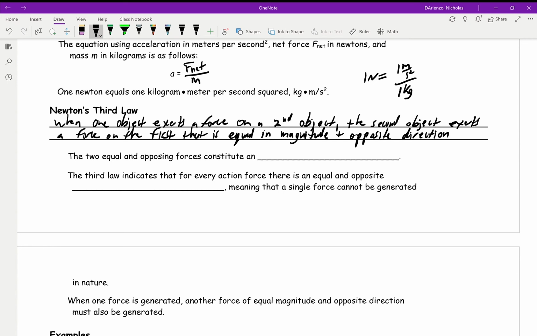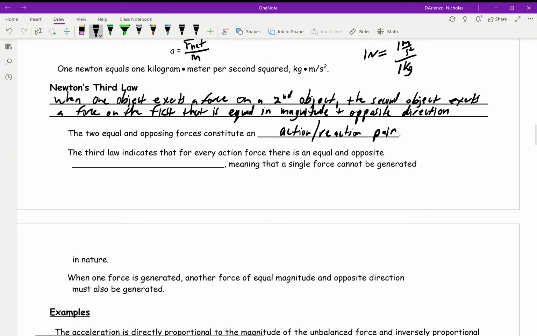These two equal but opposing forces constitute what we call an action-reaction pair. They're a pair of forces that are acting on opposite objects. They're not acting on the same object. And I'll show you in a second here an example.